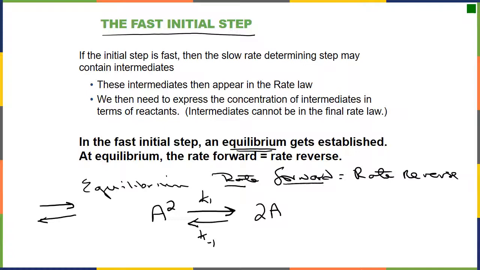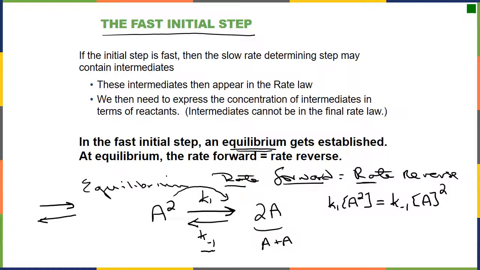The rate forward is going to equal k1, the rate constant by which A squared goes into 2A, multiplied by what we see in that reaction, which is A squared. It is going to equal the rate reverse. Well, rate reverse is this k minus 1, multiplied by the A's going back. Now 2A, by the way, is A plus A, which is going to be the same as A squared.